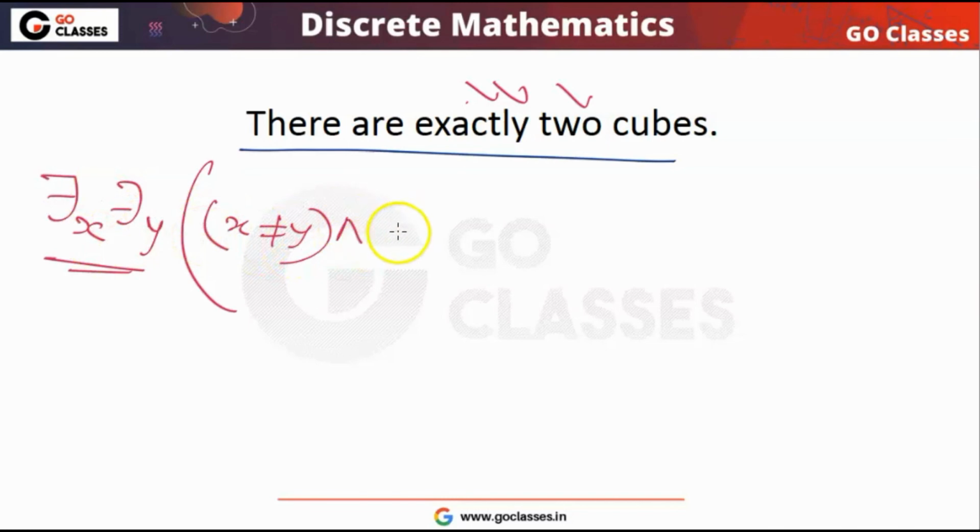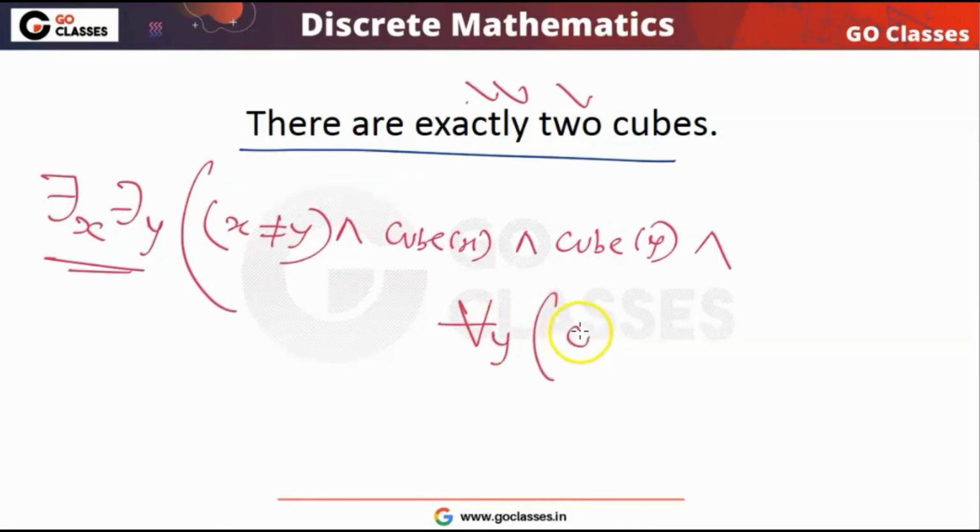They must be different, and x must be a cube, and y must be a cube, and we are saying that whatever else is cube, that must be either x or y. So basically I can say, for all y, if y is a cube, then definitely y must be same as x, or this y must be same as, for all z, because this y we have already taken.